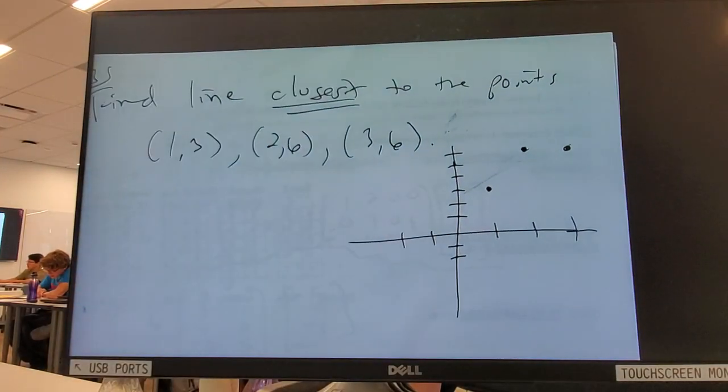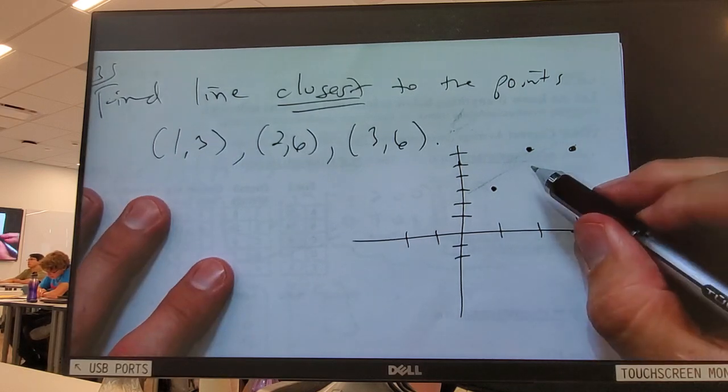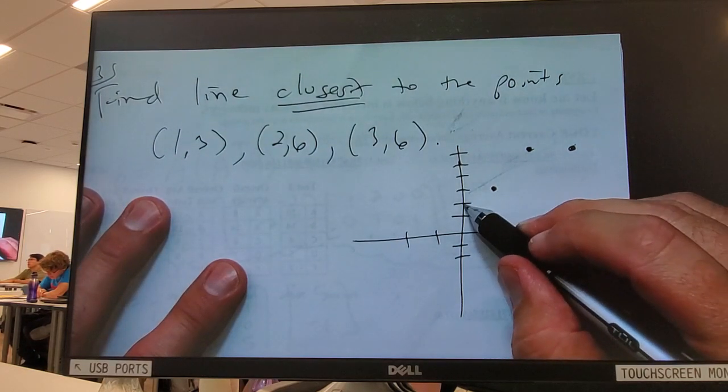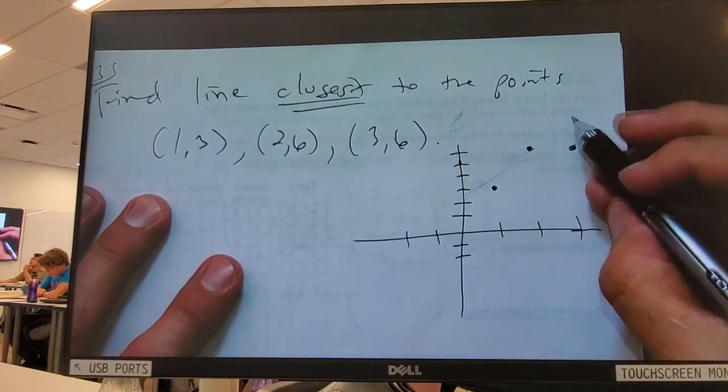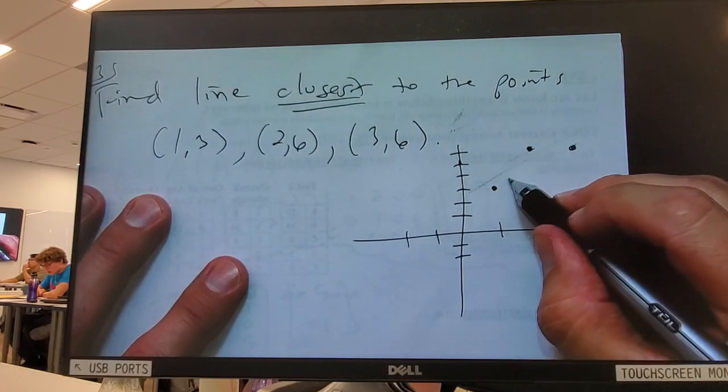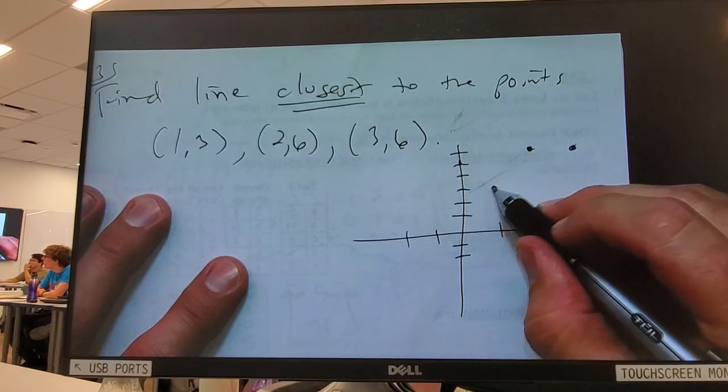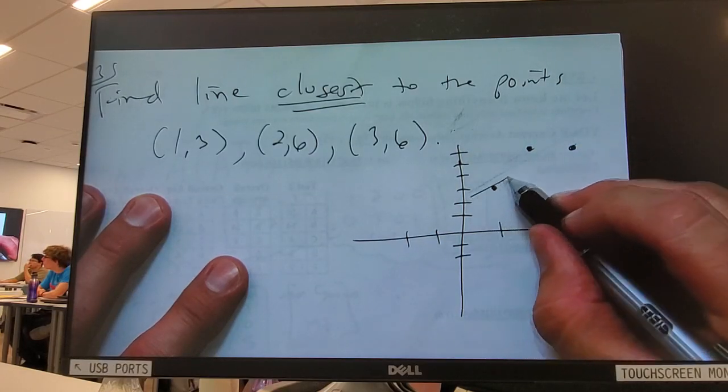So a decent line, if I had to guess, I would say maybe something like this.